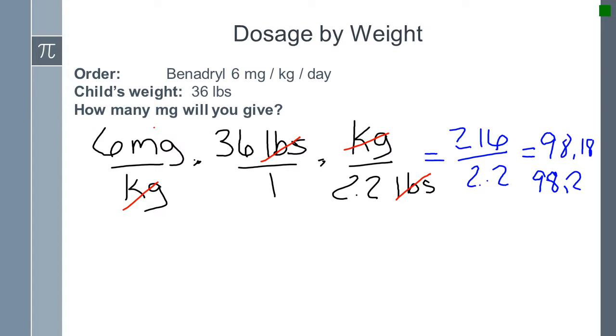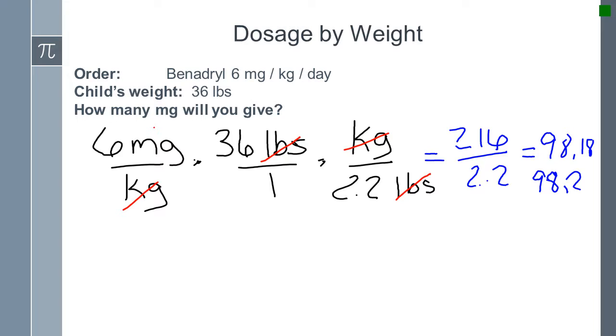Now when we have dosages by weight, then we're going to add the kilogram conversion in to our problem. Simply because, like I said, in the PO or the oral doses, every step has its own column. So on this one, we see that we want to give Benadryl 6 milligrams per kilogram per day.